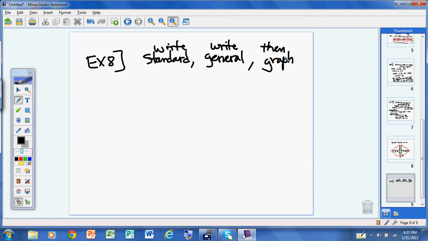Okay, and this is the information that they gave us. The radius was worth 1, and the HK, the center point, was worth 0, -1.